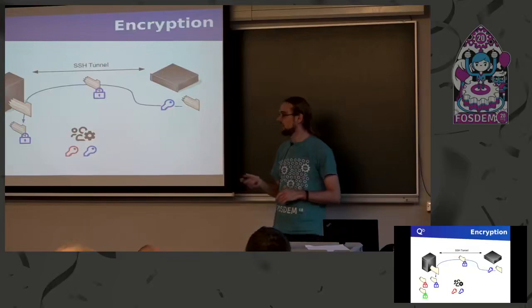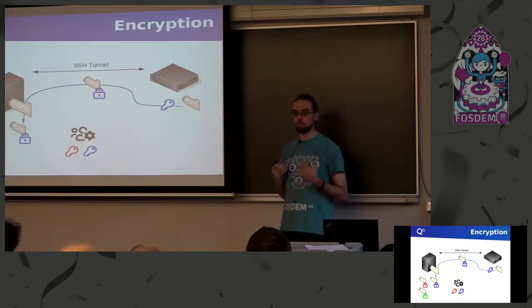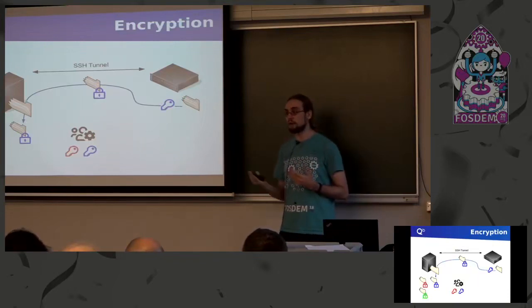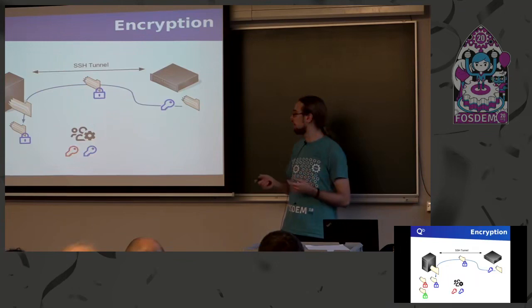This is also very convenient because some of the servers we want to back up using this infrastructure, we are not allowed to access the data inside. So it's a bit of an issue, because if we had a copy of the encryption key, we would be able to just use it to decrypt the data.